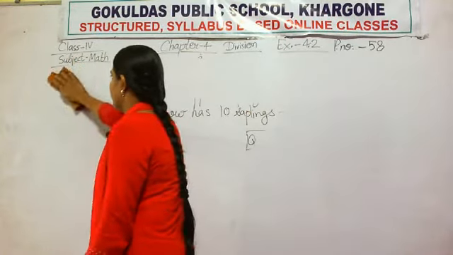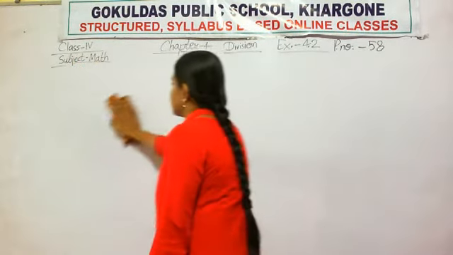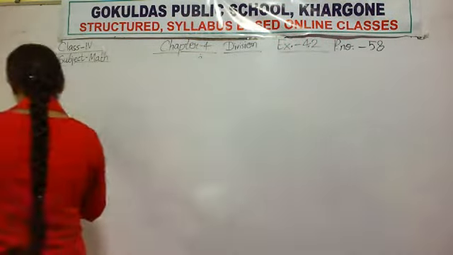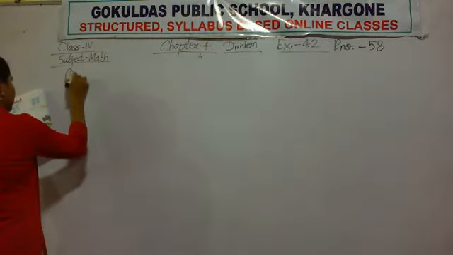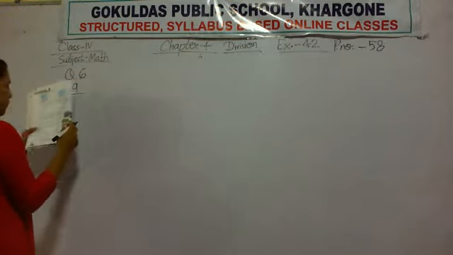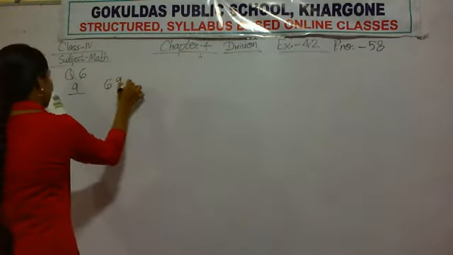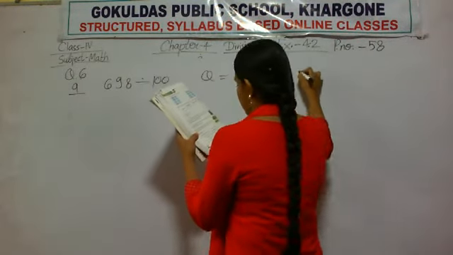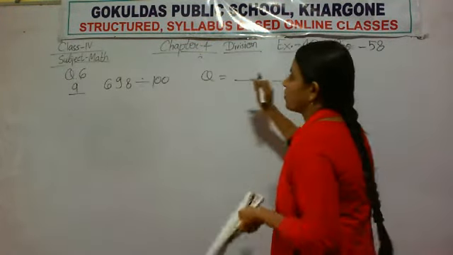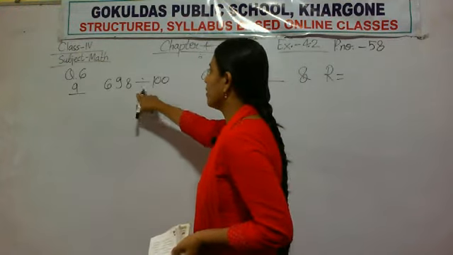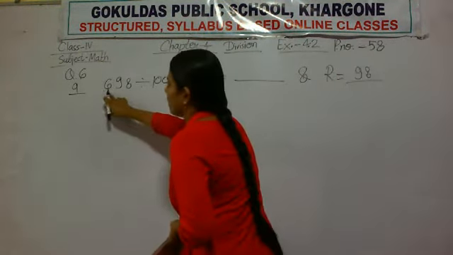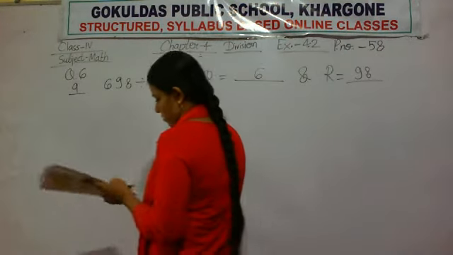Now last question of the exercise, which is question number 6. Question number 6a. Your number is 698 divided by 100. So quotient will be and remainder will be. So if you divide any number by 100, then the last two digits are your remainder and the remaining one digit is your quotient.